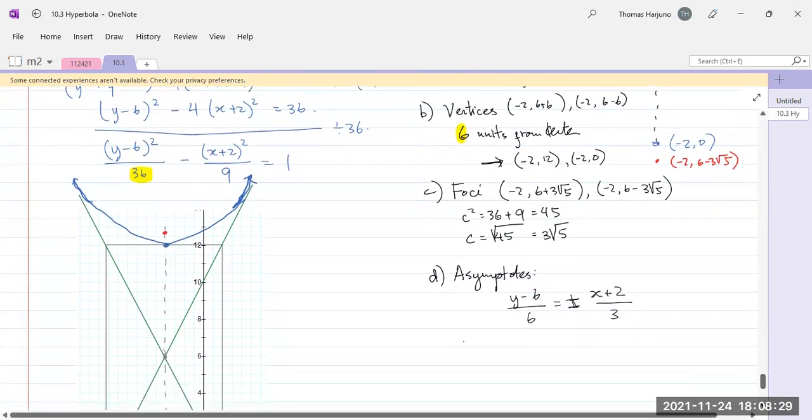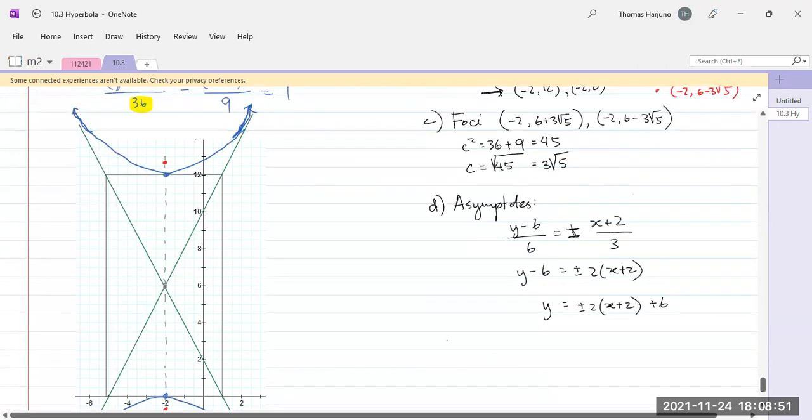Then let's multiply by 6. So y equals plus or minus 2 times x plus 2, plus 6. Make sure you split it in this situation. That's y equals 2x plus 10, and y equals negative 2x plus 2.